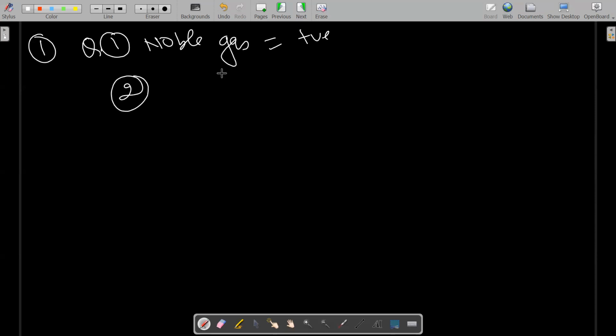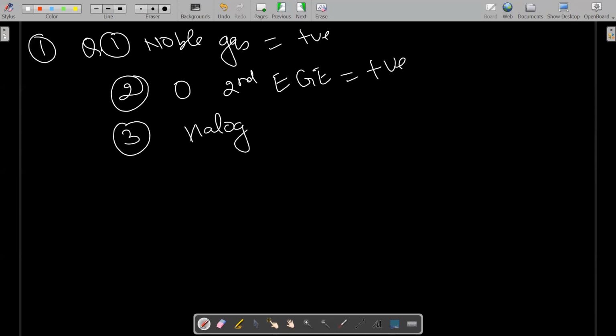Second question: why is oxygen's second electron gain enthalpy positive? Third: why is the electron gain enthalpy of halogens more negative?